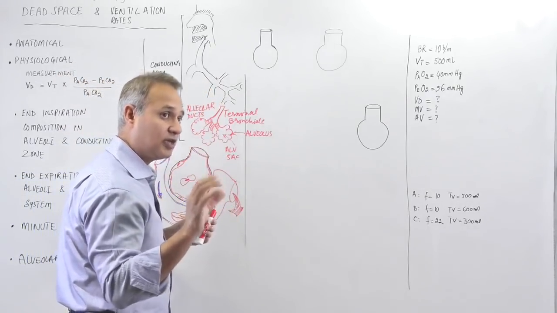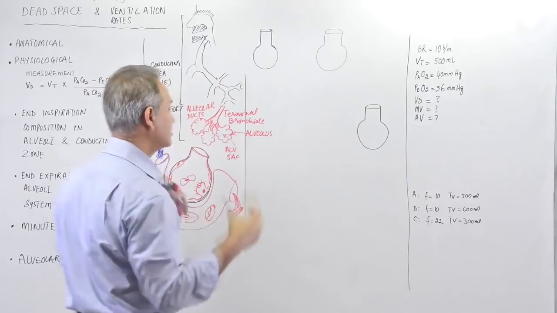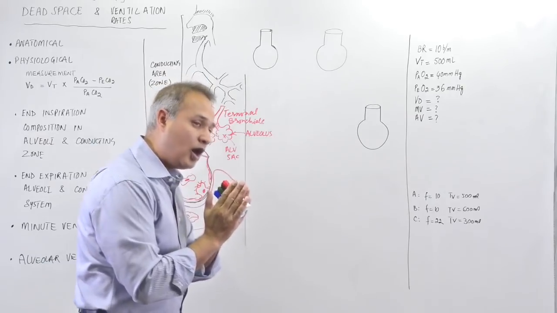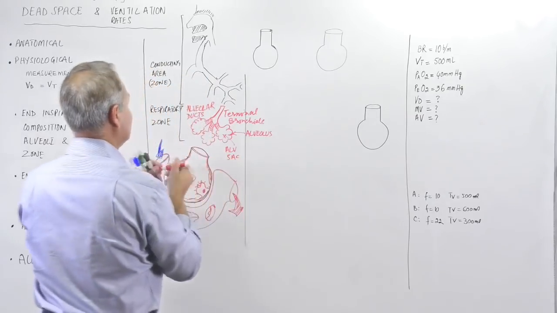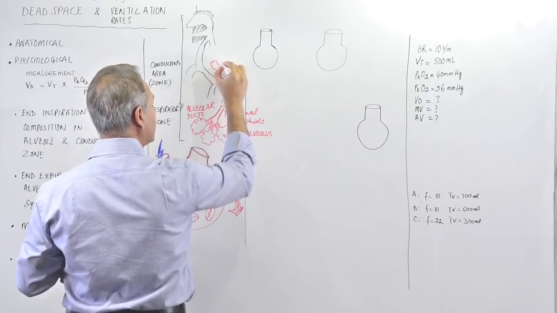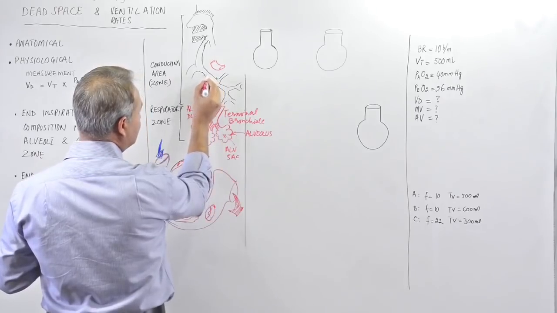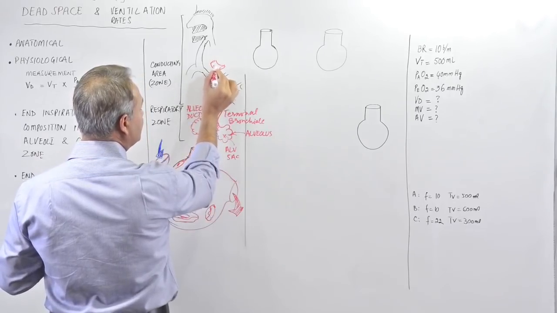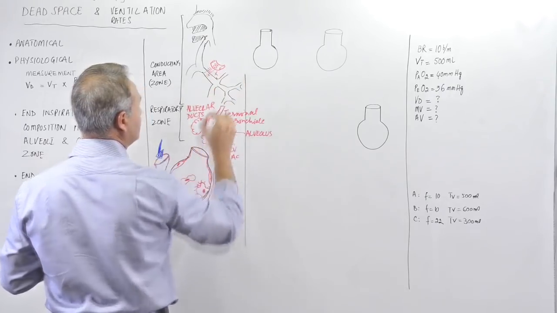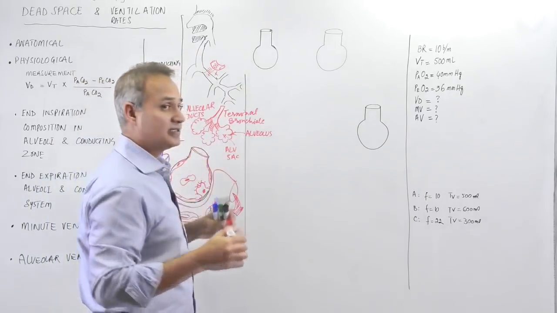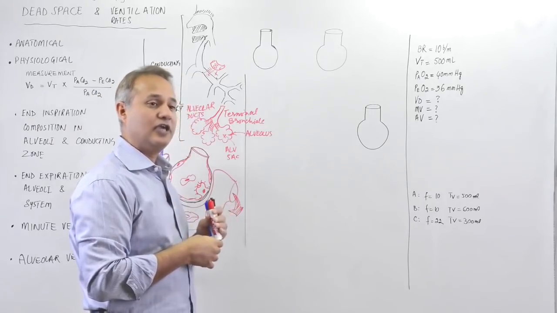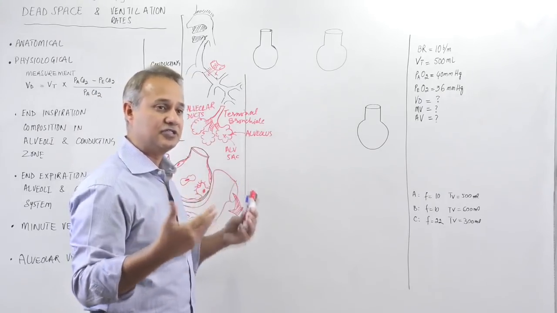This is anatomical, I'm not talking physiological or pathological conditions. Blood is present, but the wall between the blood and the gases is so thick that gaseous exchange is not possible. So all such areas collectively are called anatomical dead space. It is the part of the airway that does not take part in the gaseous exchange.